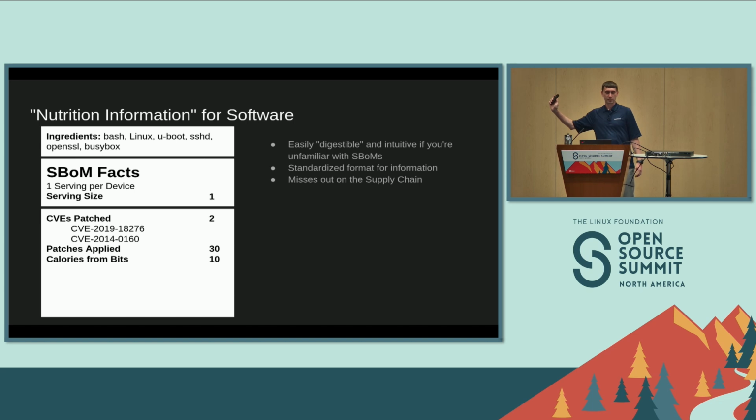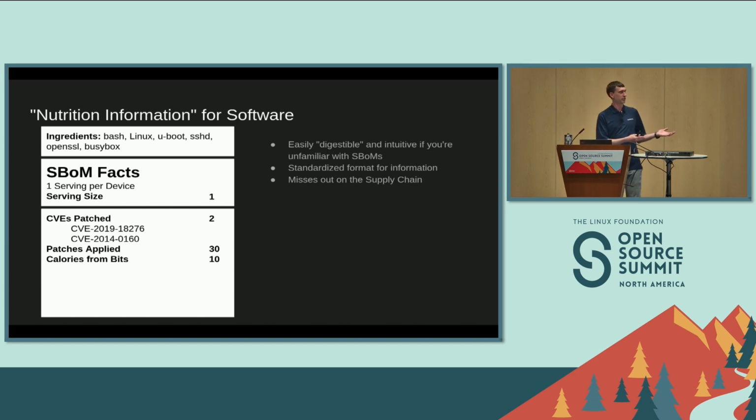One of the examples you'll see a lot is nutrition information for software. I think this is a really, if you'll pardon the pun, digestible way of approaching SBoMs because it's very intuitive, right? We all eat food and hopefully look at the nutrition labels so that we can tell what we're putting into our bodies when we eat.